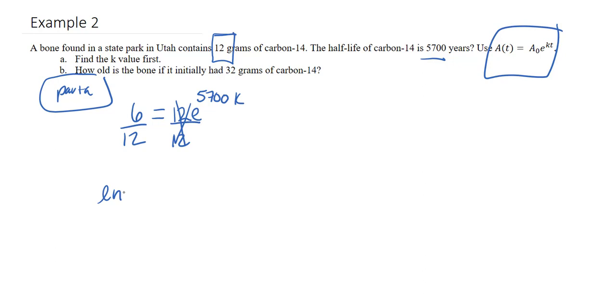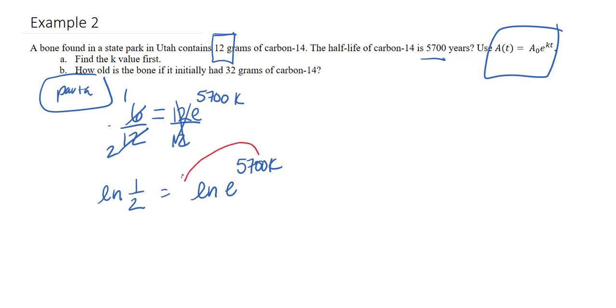So let's take the natural log of 1/2, because this gets reduced to 1/2. Now we take the natural log of e raised to the 5,700K. Now what does this become?